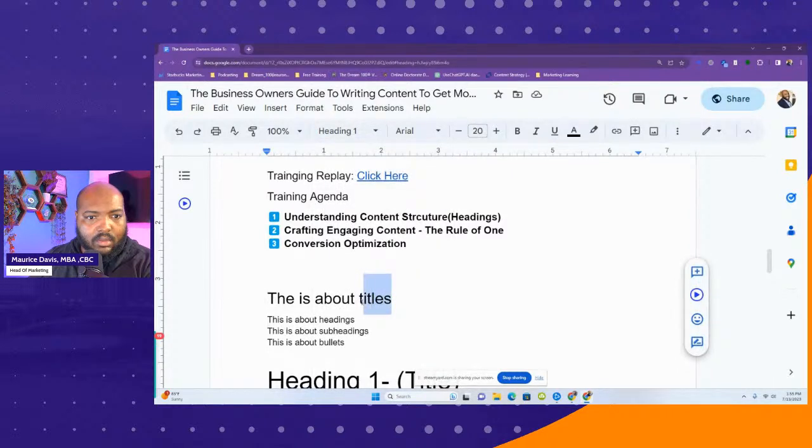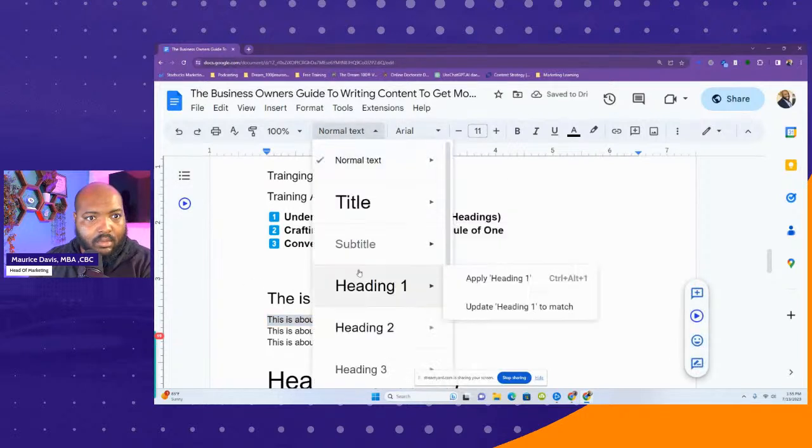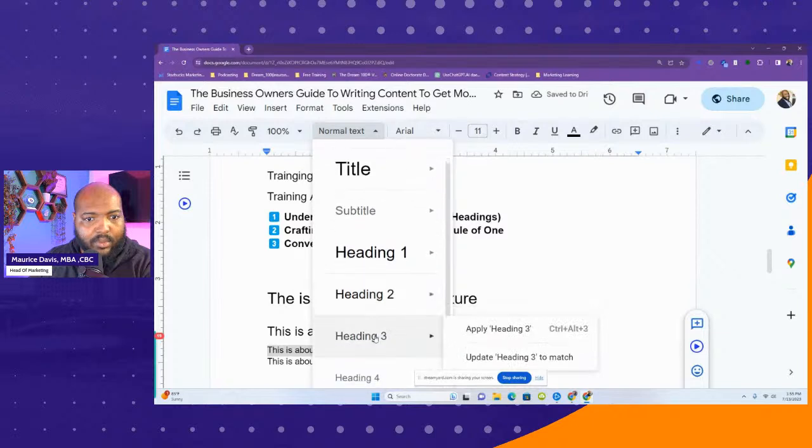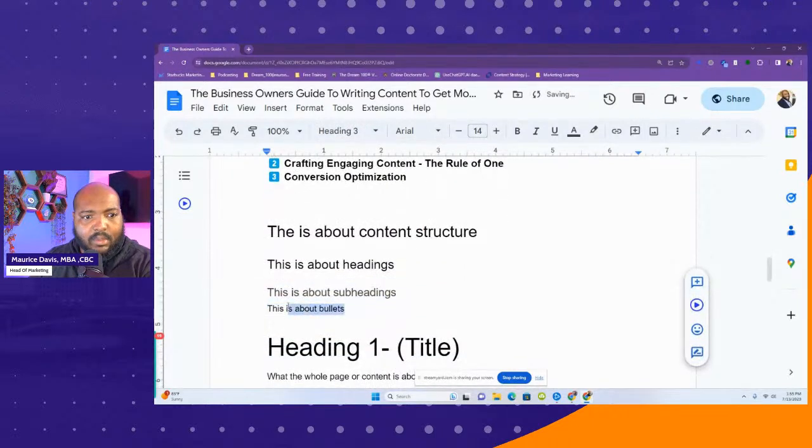This is content structure. This is about headings. This is about subheadings. Right? You see what I'm doing? And then this is about bullets.